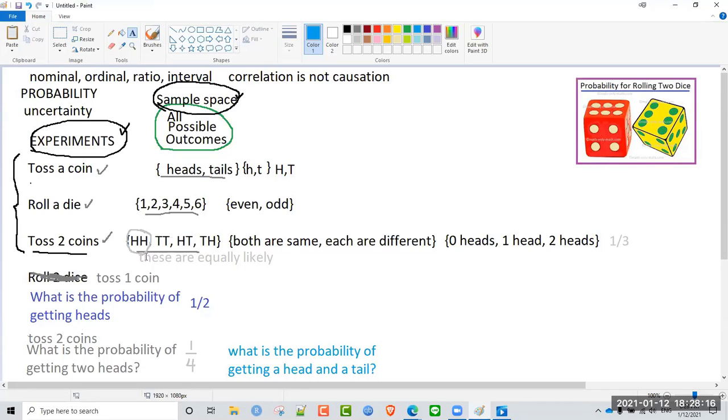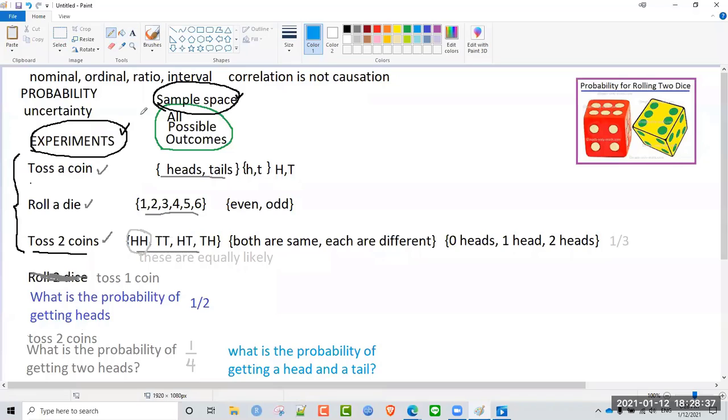So we go back to here, and if we agree that these are all equally likely, so let's just agree with that, even if you're not quite sure, but let's just agree that these are all equally likely. And with that, what would you say is the probability of getting a head and a tail?